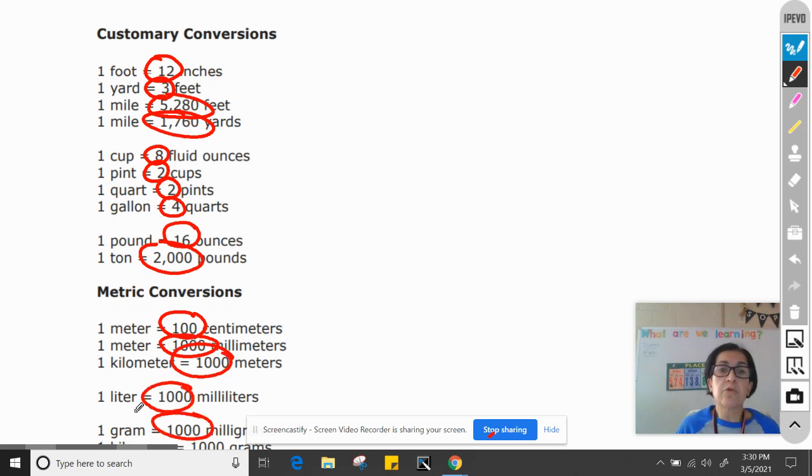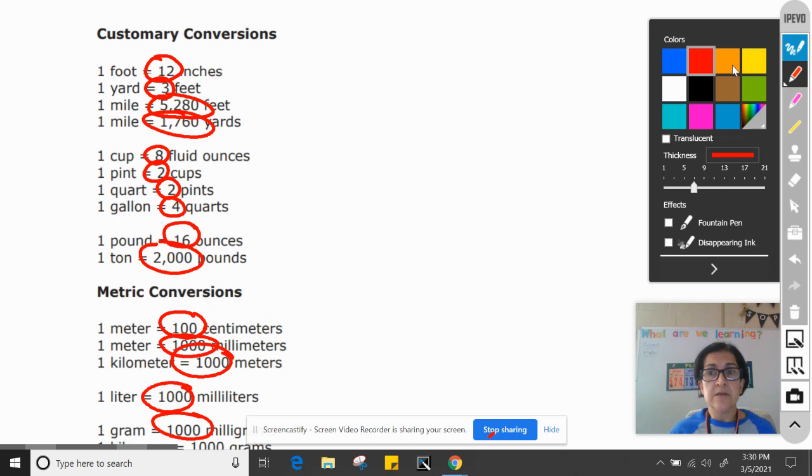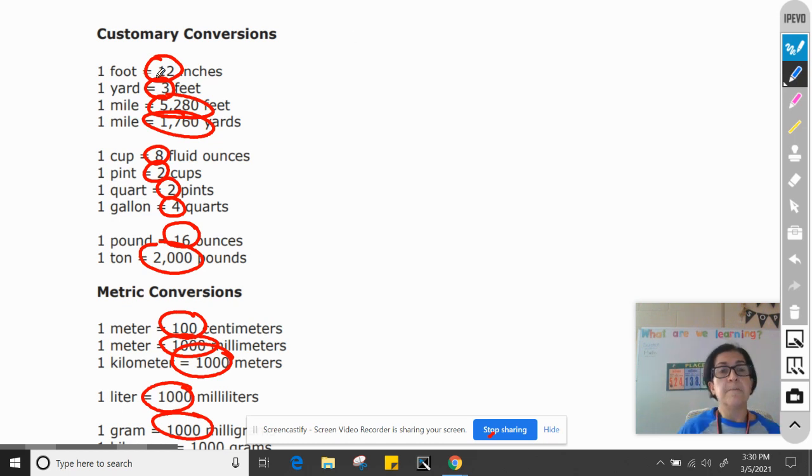How are we going to work with these numbers? So we talked about moving from one side to the other. So any of these units, if they give these to us and they want us to convert, for example, foot to inches, or yard to feet, or miles to feet, mile to yards, or even here, pound to ounces, ton to pounds, or kilometers to meters.